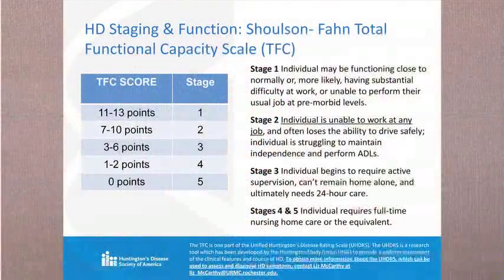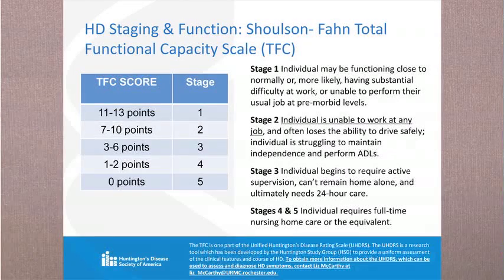In stage 3, individuals begin to require active supervision, can't remain at home alone, and ultimately need 24-hour care. Patients can be in stage 3 and below for many years. Stage 4 and 5, patients generally need full-time care in a nursing home or the equivalent. And again, patients can be at stage 0 even for many years.